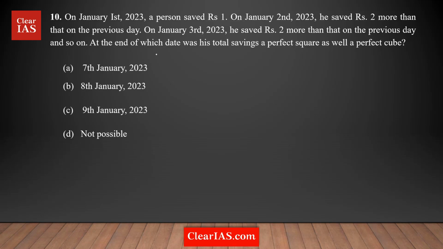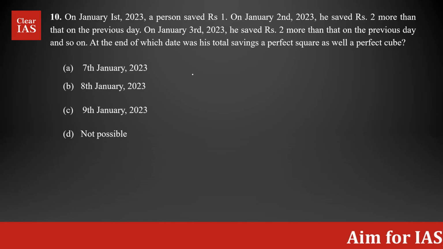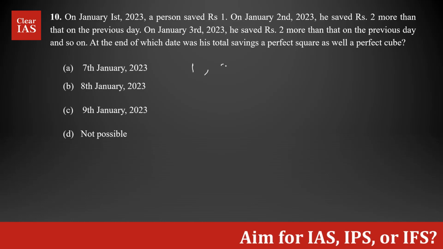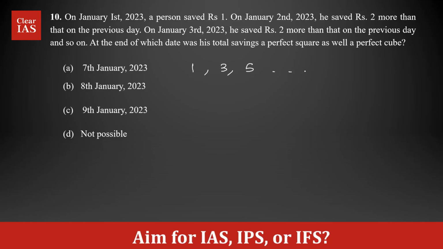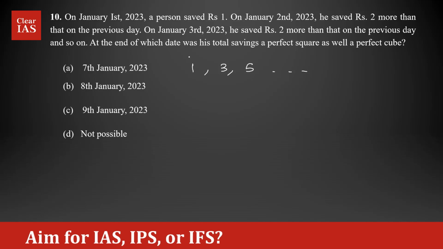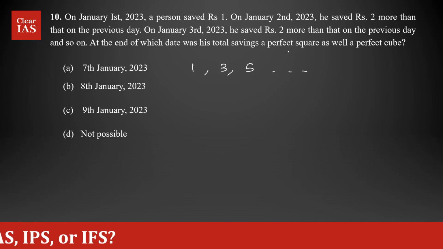Another approach you could use in this question is the formulas of arithmetic series. You can easily figure out that this is an arithmetic series. The first term is 1, the second term is 3, then 5, and it goes on like that. We need to find when the sum is equal to 64.